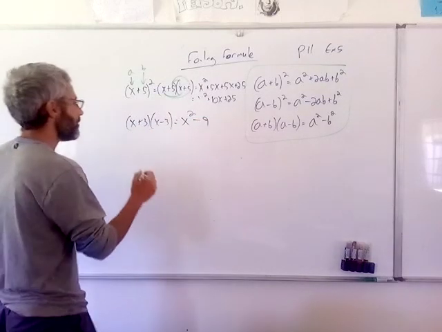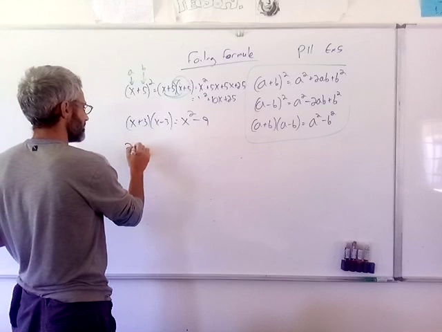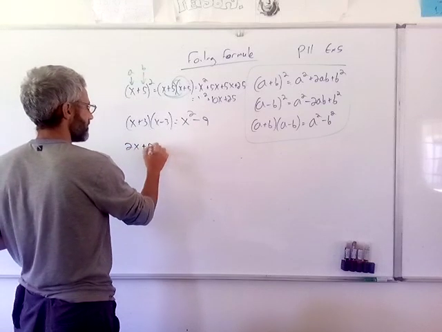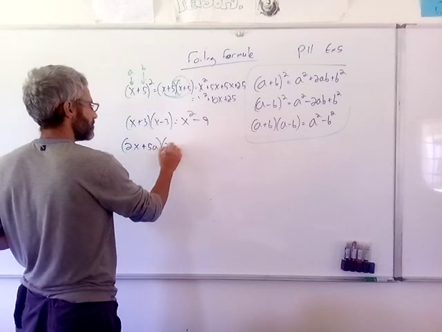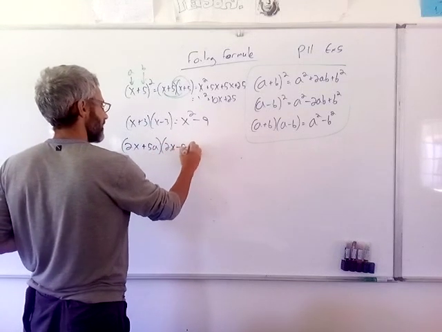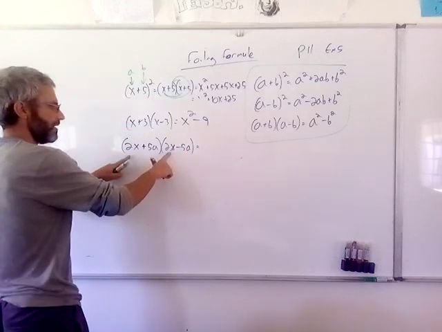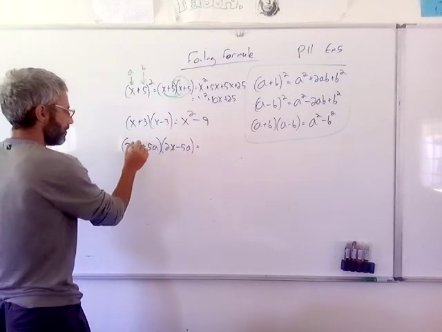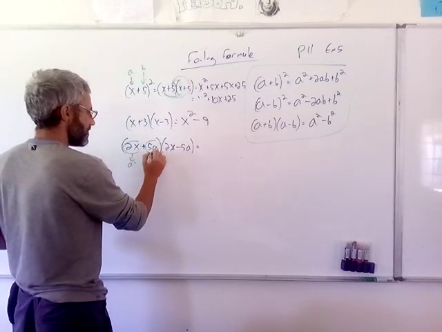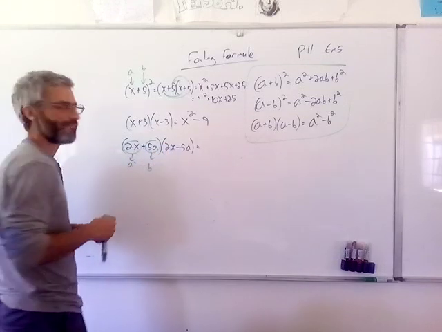All right, a little bit more difficult, maybe something like this, 2x plus 5a times 2x minus 5a. Okay, now my a is actually 2x and my b is 5a.